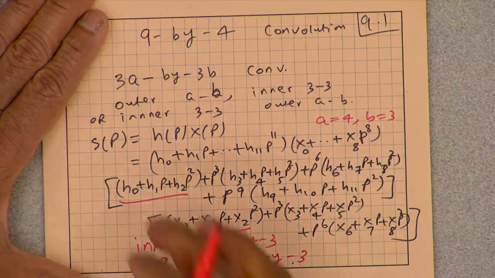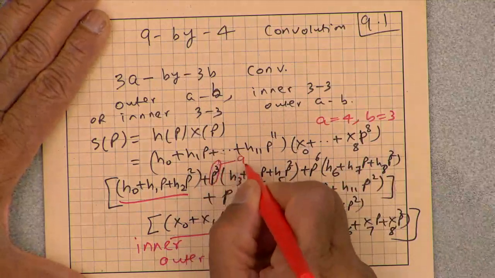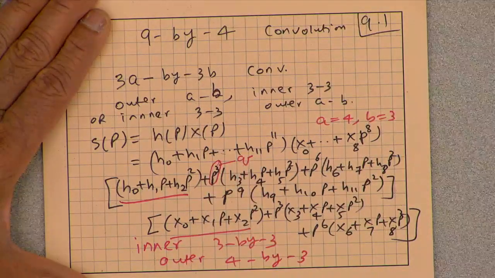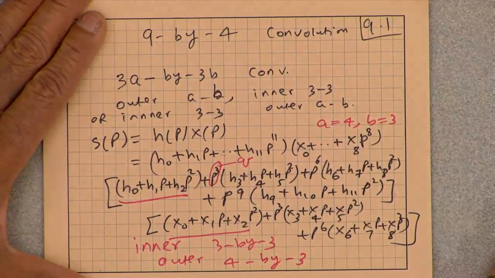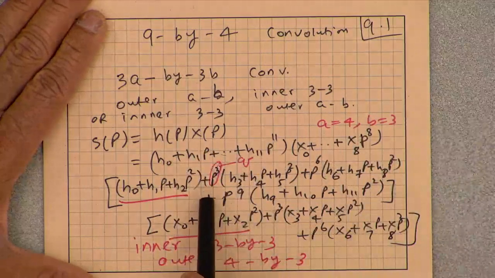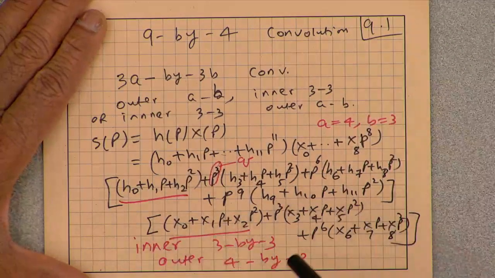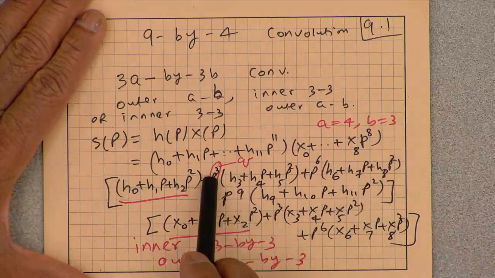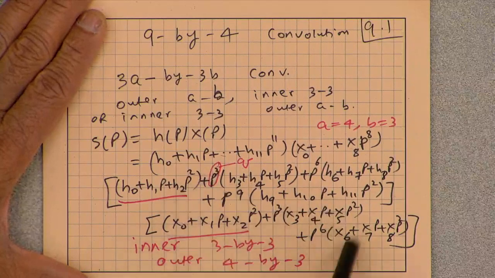The way I have described this, you can call P cube as Q, and so the outer is a polynomial in Q, and the inner convolutions. The most important thing here is that this whole thing at the outer layer is a polynomial in Q. This is also a polynomial in Q. So that's how they line up correctly.